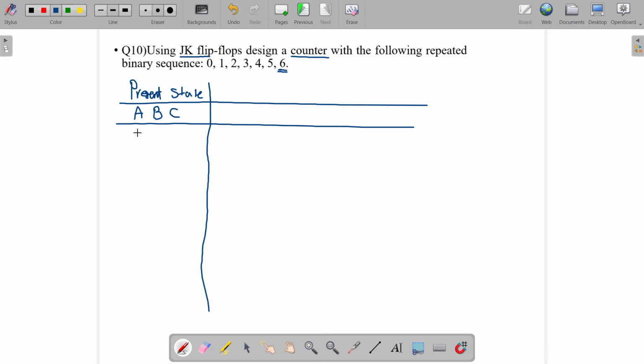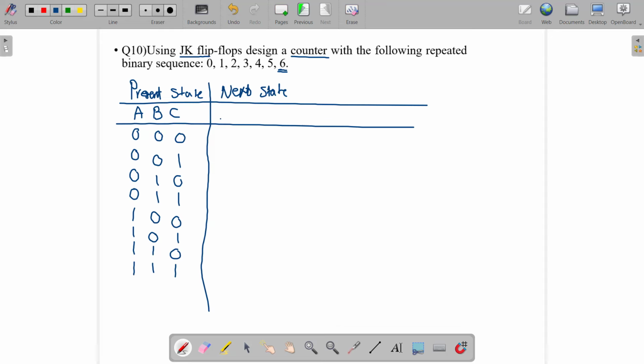So again, we have to write all of the possible combinations. For the next state, again we have A(t+1), B(t+1), and C(t+1). So when we have 0, what will be the next state? 0, 0, 1. When we have 1, what's the next state? It is 2.